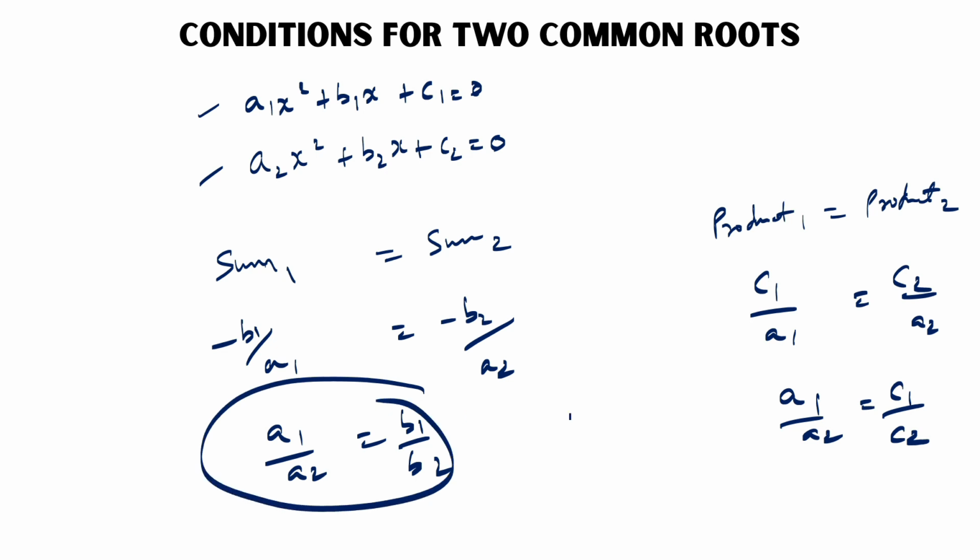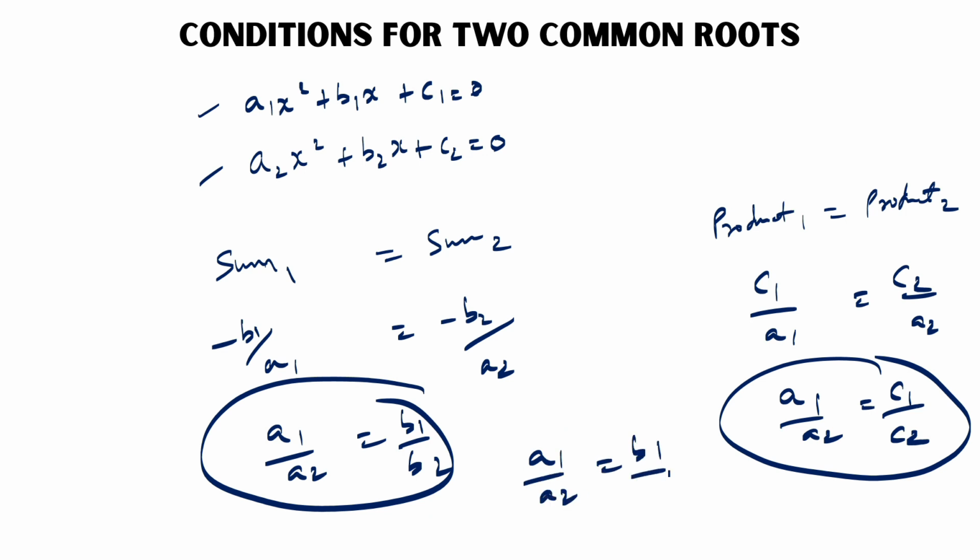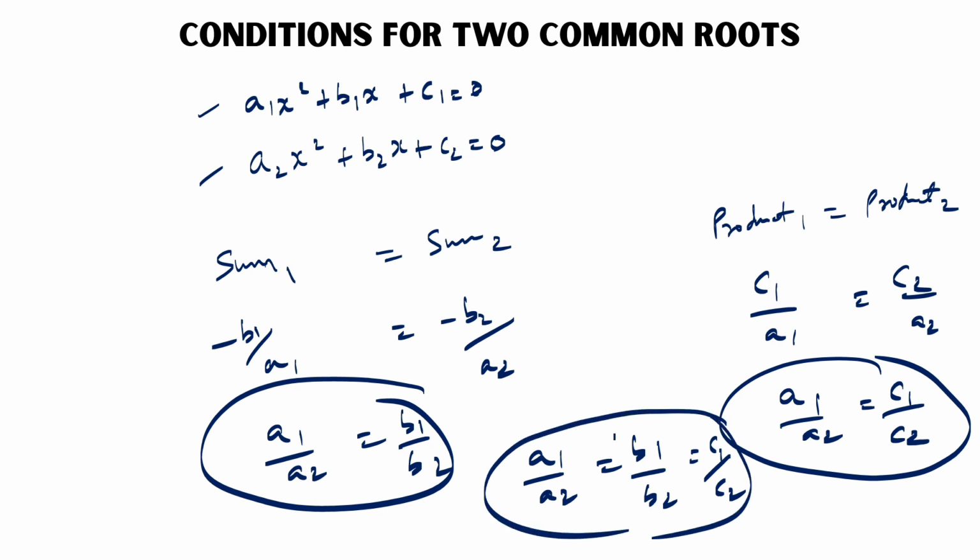So a1 by a2 is equal to b1 by b2 is equal to c1 by c2. This is the condition for two common roots. If both roots of both quadratic equations must be equal, then they must satisfy this condition.